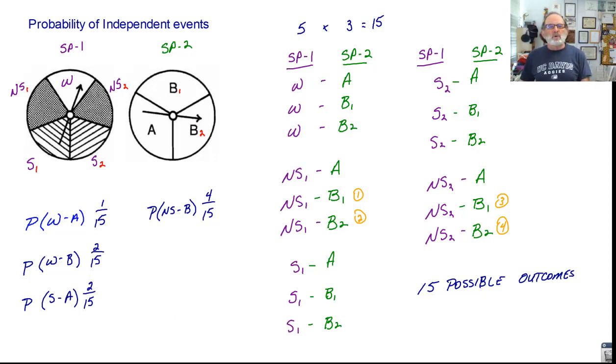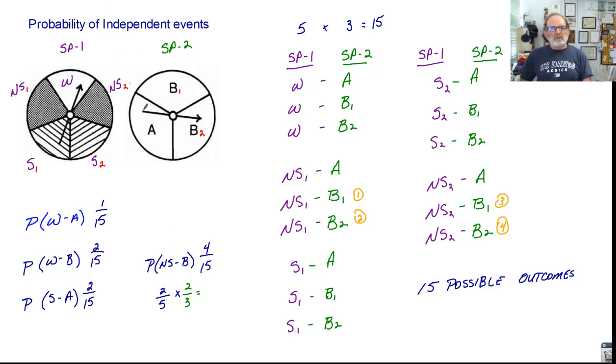So I said I would show you a shortcut for how we do this, and let's use this one for my shortcut. Let me give myself a little more room to write. So not striped, well, it happens twice on this spinner, twice out of 5 possible choices on this spinner, times B happens twice out of 3 times on this spinner.